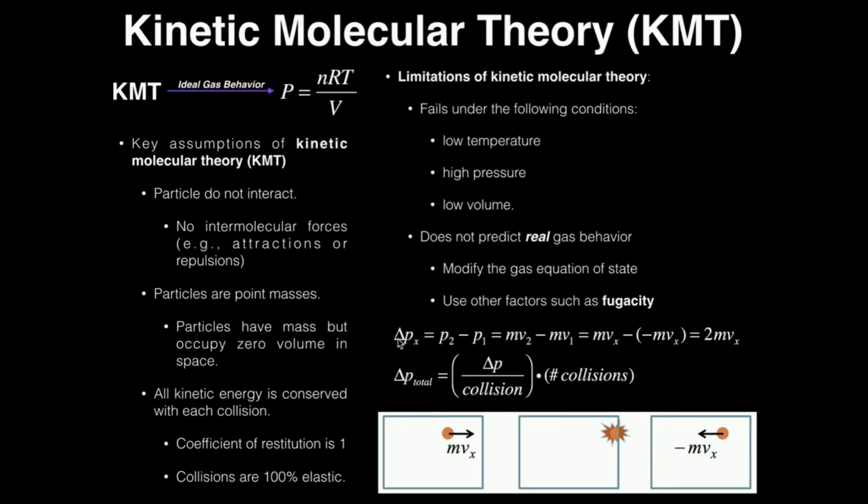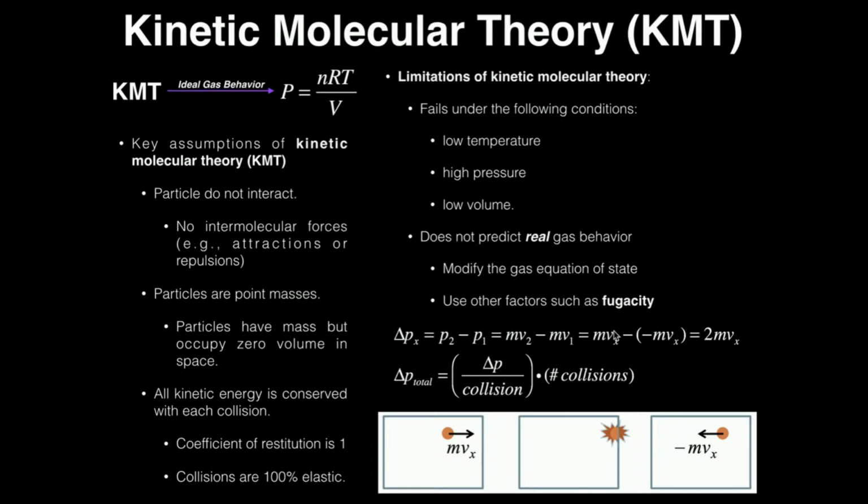We can actually quantify what that change in momentum is. Recall that a change in momentum, ΔP, is P2 minus P1, or P final minus P initial, however you want to talk about it. And I mentioned that the momentum at any point in time is the mass times the velocity at that point in time. So P2 minus P1 can be written as mv2 minus mv1.